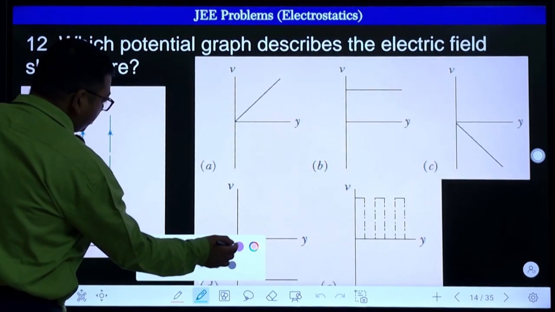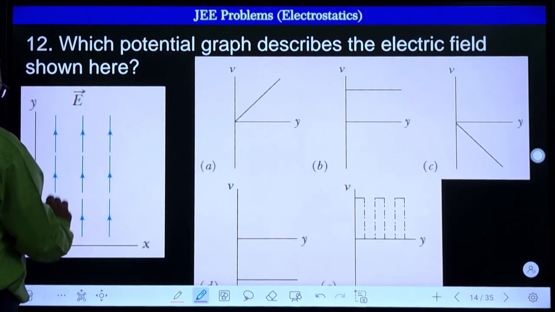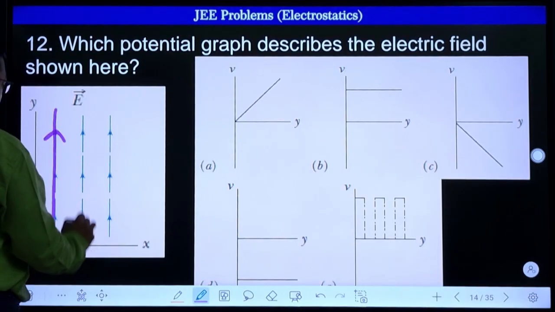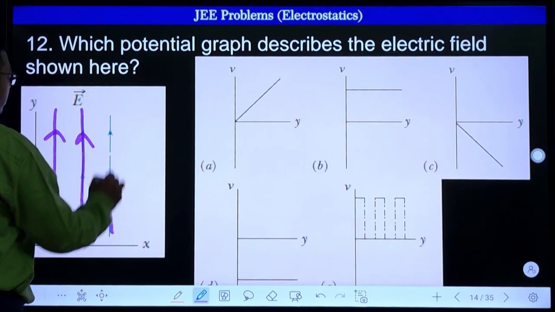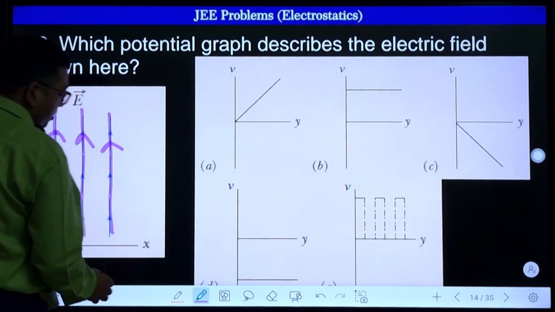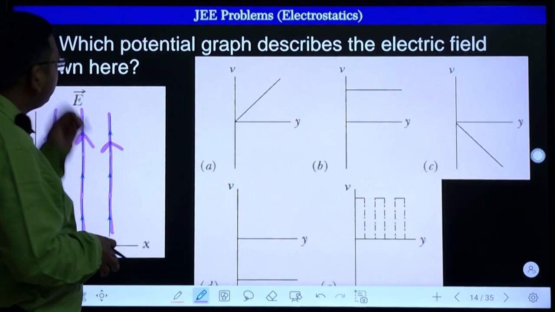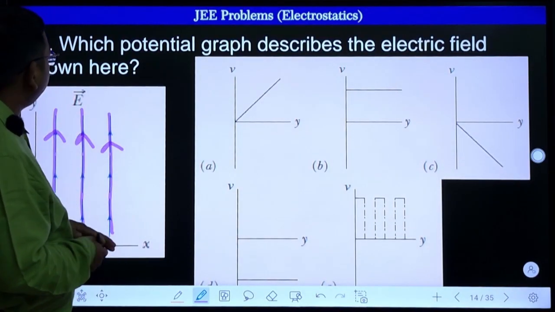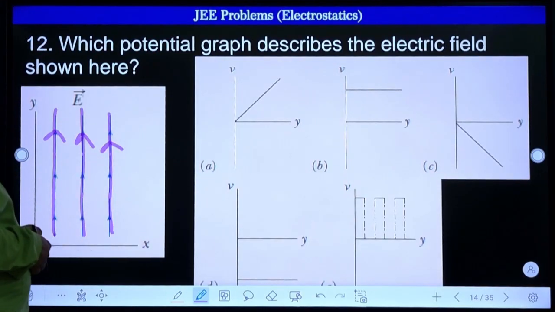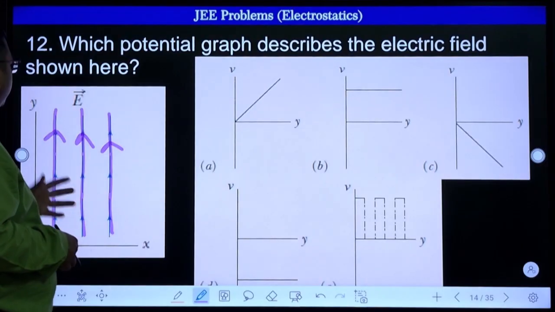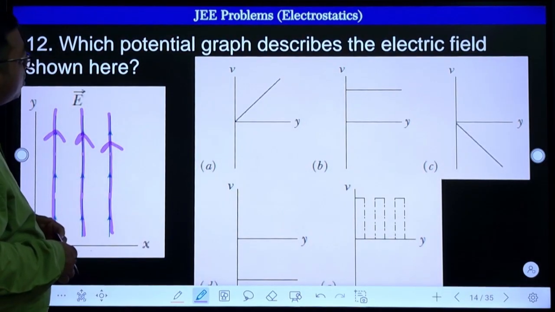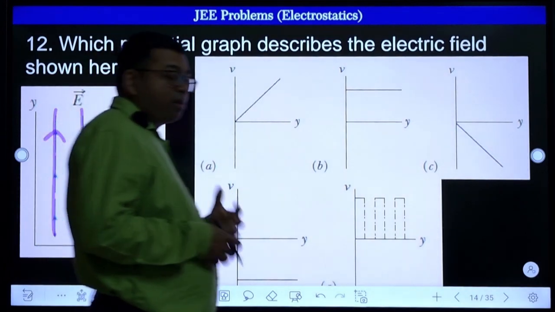The field lines are like this, parallel, like this, like this. We need to choose the potential graph. How will the potential graph look? What do you think?